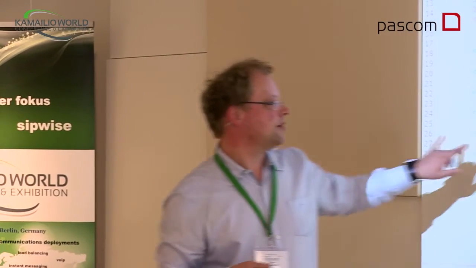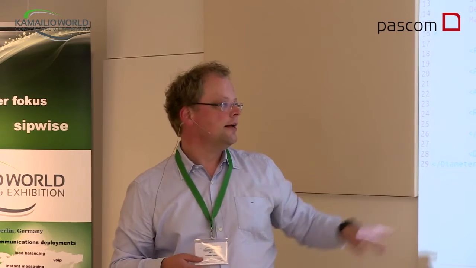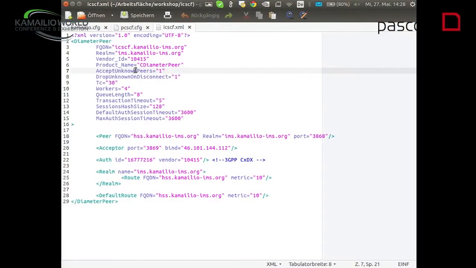We can also do some load balancing in this configuration file. In this simple example, of course, we only have one route for our realm, which is our one and only home subscriber server. If you look at implementations of home subscriber servers, you will see that most of the stuff that is done on a home subscriber server is pretty transactionless.